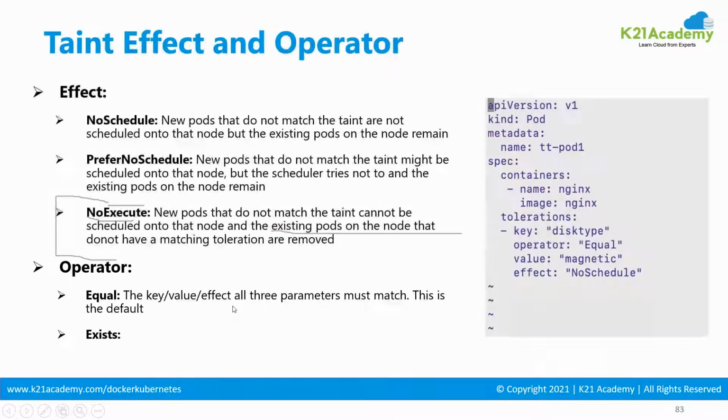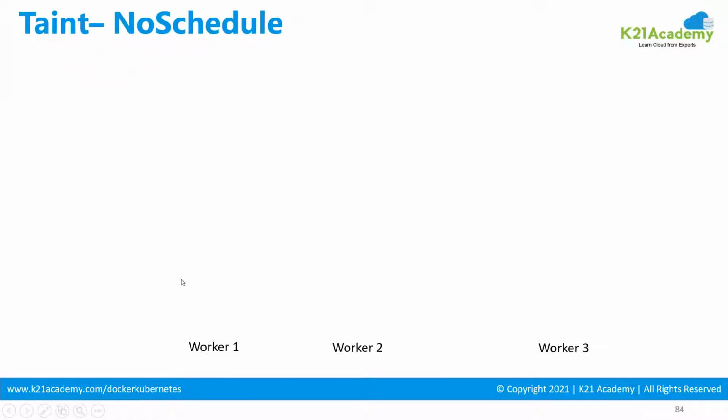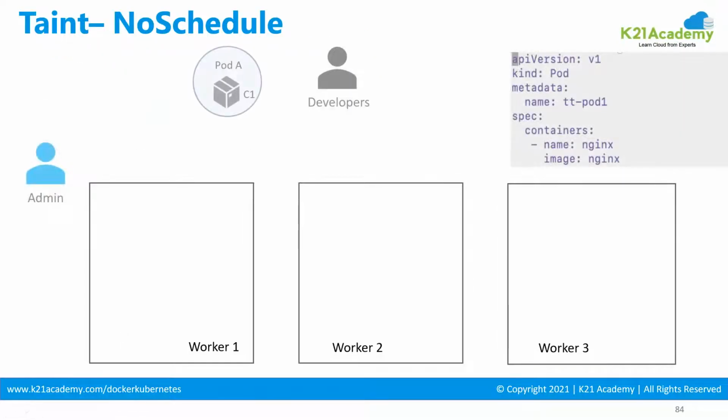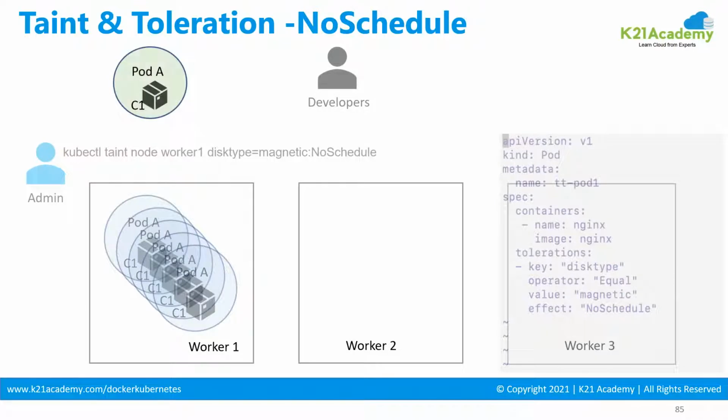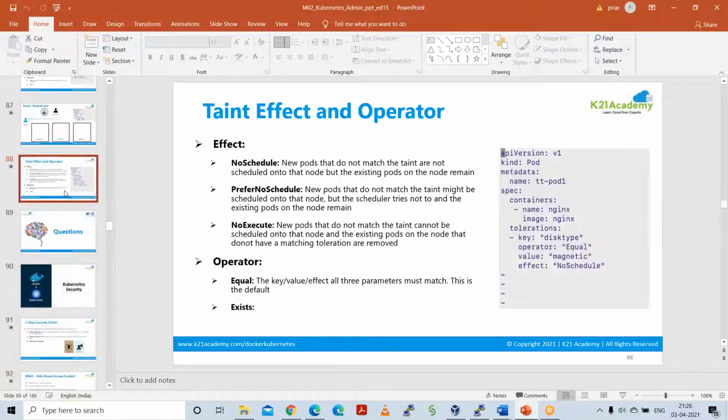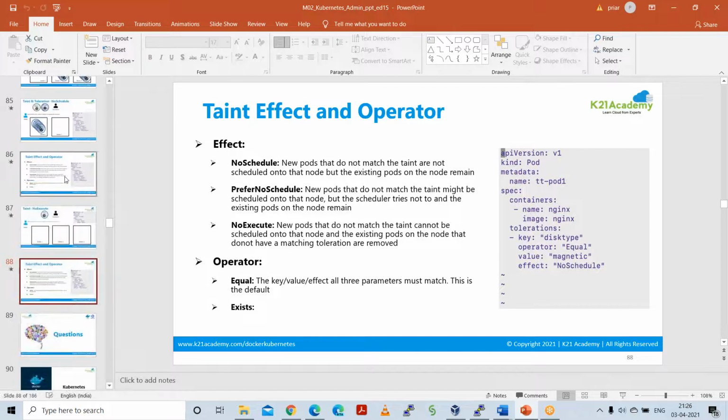And what is Exists then? Exists is similar to the Equal operator, but it is a different operator. It needs to be defined inside the toleration part, and if that key exists, only then will it be tolerated.